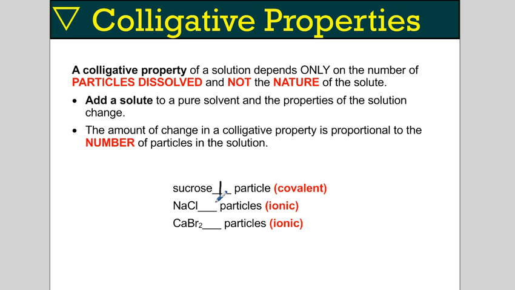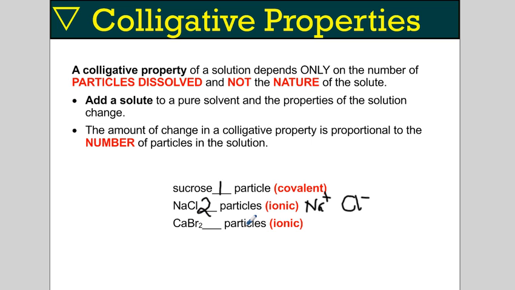Whereas sodium chloride, when you place it into water, will not only dissolve, it will ionize and form sodium and chloride ions, Na+ and Cl-. So per formula unit, you'll get 2 particles.